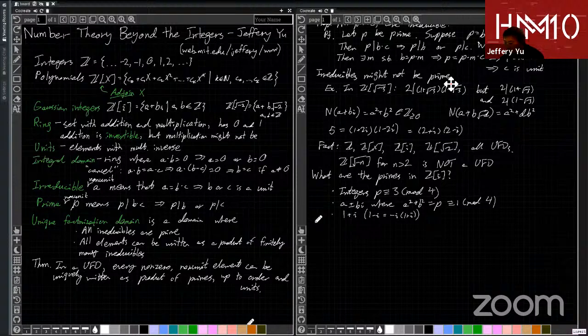Let's solve x squared plus 1 equals y cubed over the integers.